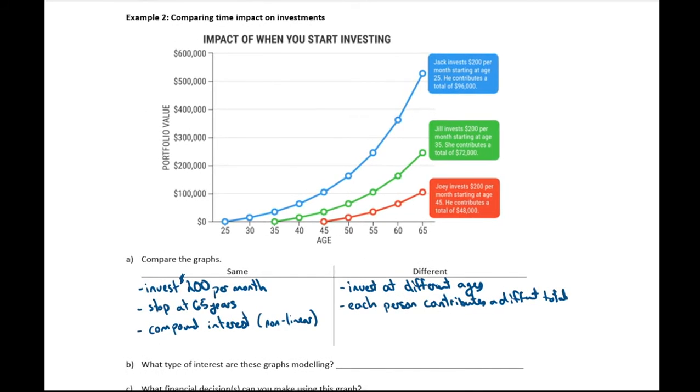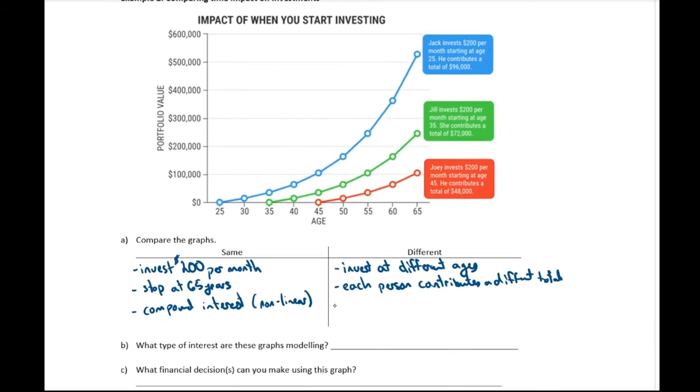And they have different final investment values, and you could say that they've earned different interest amounts. So basically they're still putting the same $200 in per month, but we can see that the person who started off earlier, or Jack, is earning more interest, or more value is added over time because he ends up quite a bit higher. So we can say different interest amounts.